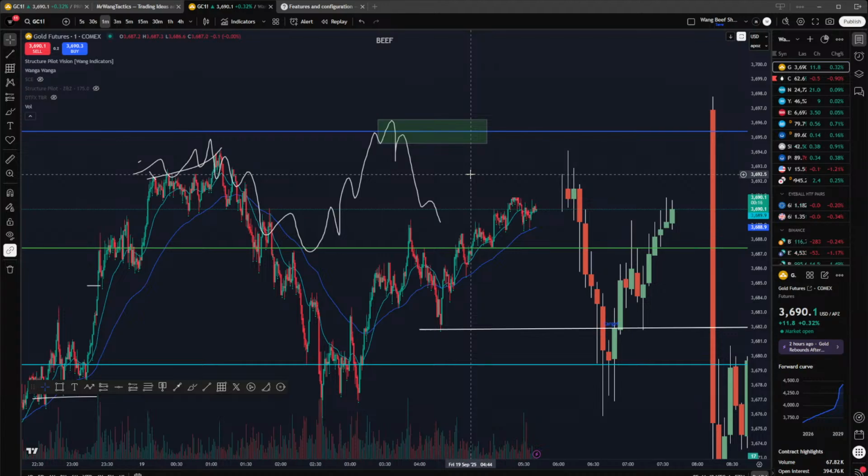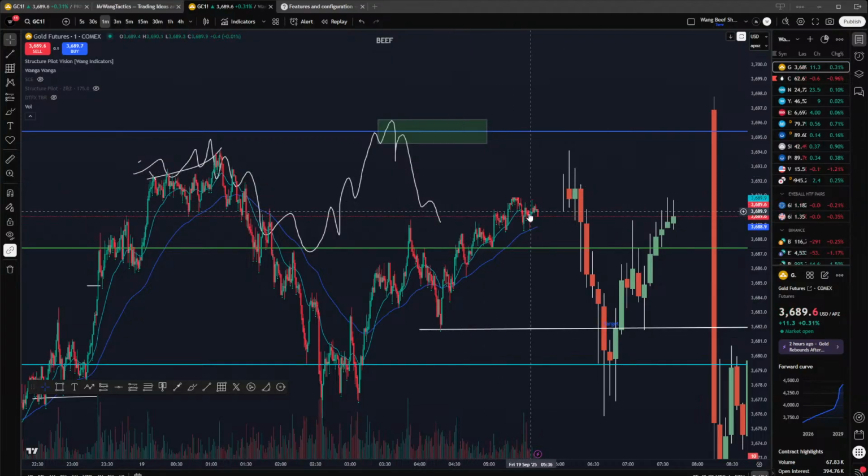Yeah, price is pretty slow. Through here will lead us to this green line here.